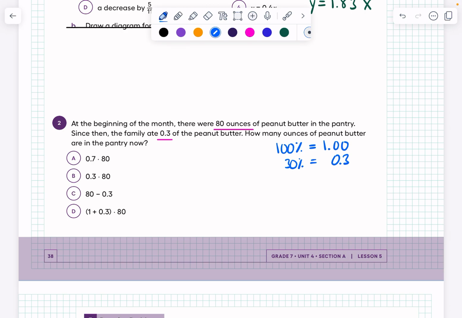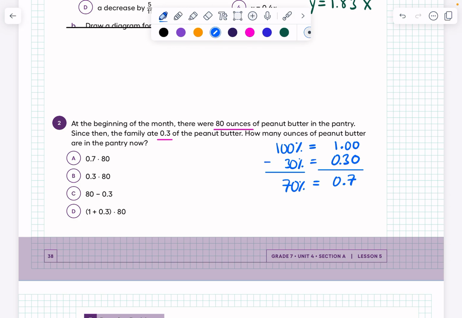So if the family ate 30%, then what's remaining? Hold on a second. I'm going to line up my decimals better, okay? 1.00. And I could put 0.30, you know? Can make it easier. So, again, 100% minus 30% would be 70%, right? And in terms of decimal, that would be 0.7 or 0.70, however you want to think about it, okay?